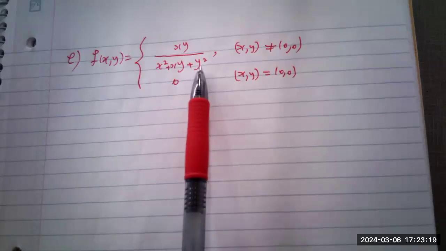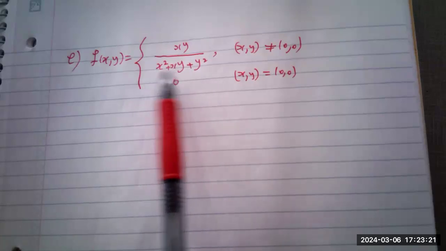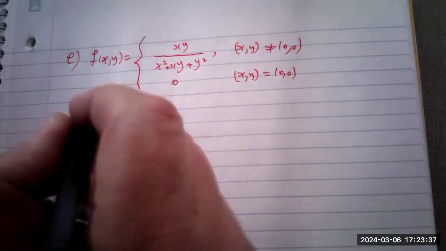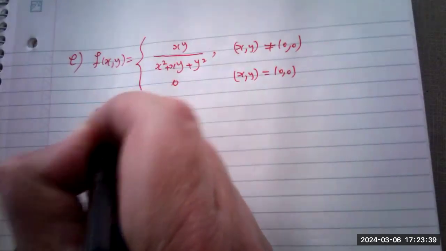The powers are the same, x squared, y squared. So if you check the direction along y equal to x, that gives you a fixed number, and then you're done. This is the way we do it quickly. You have to explain it. Okay, so that's it. The explanation is going to be the following.